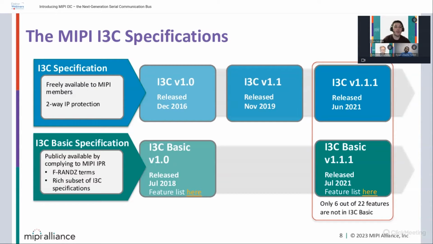Now, through the development of this technology and this ecosystem, we developed the I3C Basic specification. This was created as a publicly available FRAND-Z specification with a reduced feature set. So 6 of the 22 features that are in the full specification are not included in I3C Basic.